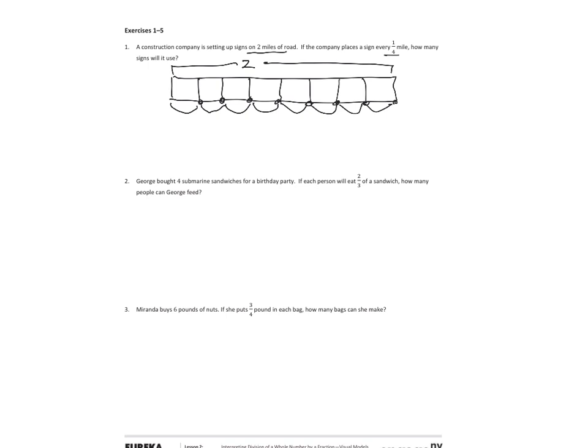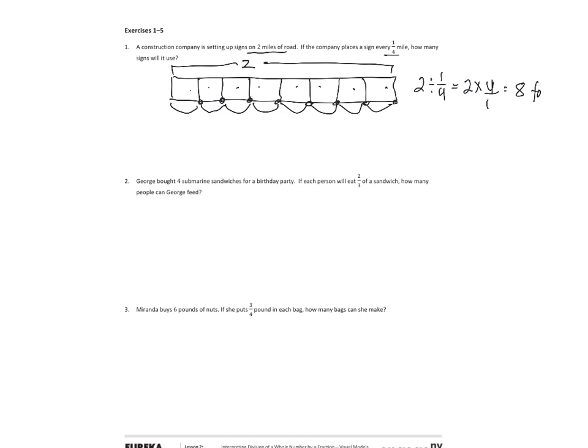So that was 1, 2, 3, 4, 5, 6, 7, 8. 8 signs. So we just figured it out with our model, but now I'm going to go 2 divided by 1/4 is the same as 2 times 4/1, which is 8.